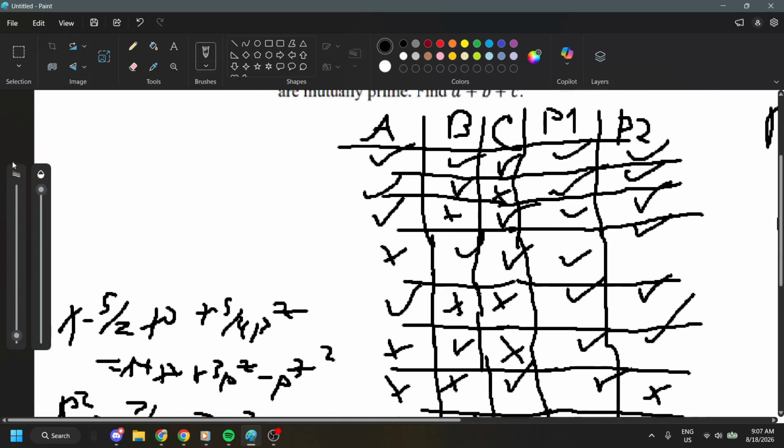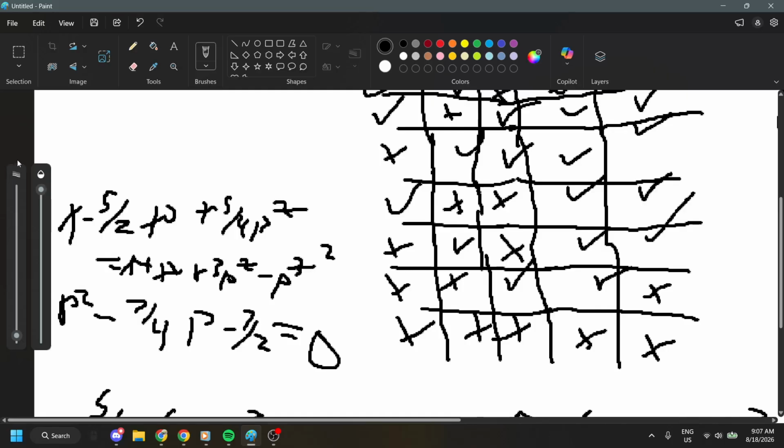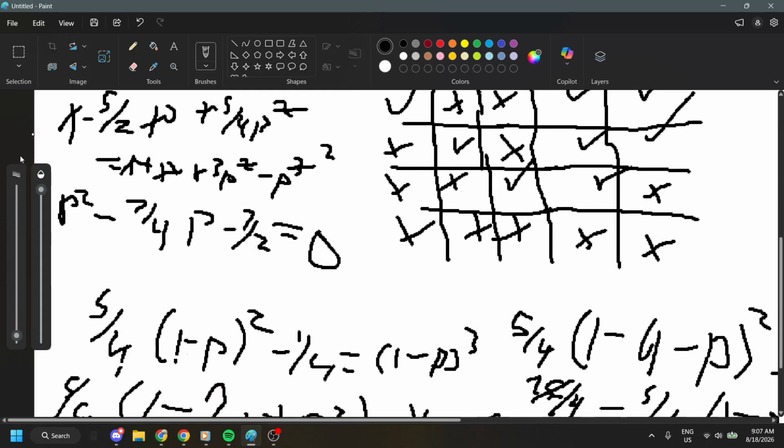Is it just quadratic equation time? I mean, I don't really want to. I'm just going to multiply by 4 because I don't want to deal with the fractions. 4p squared minus 7p minus 14 is equal to 0.